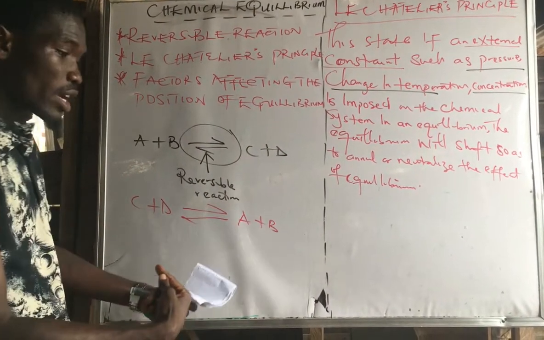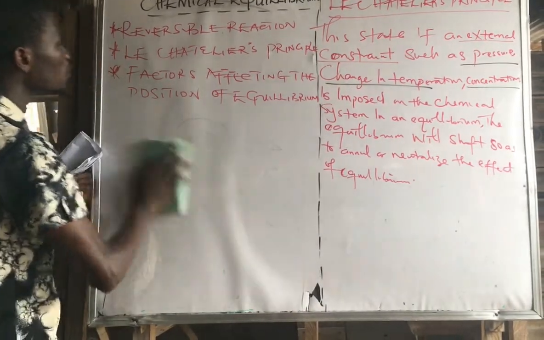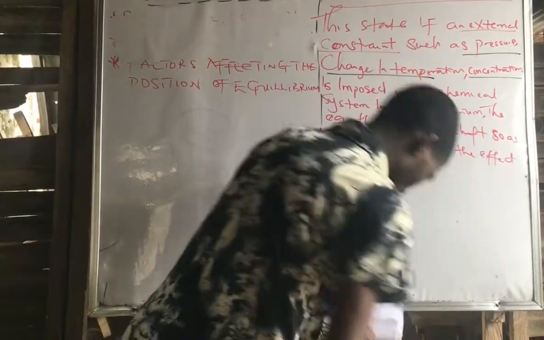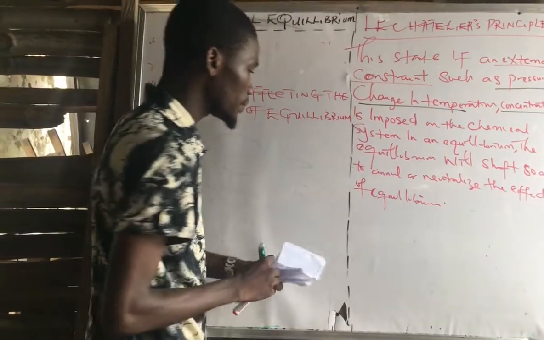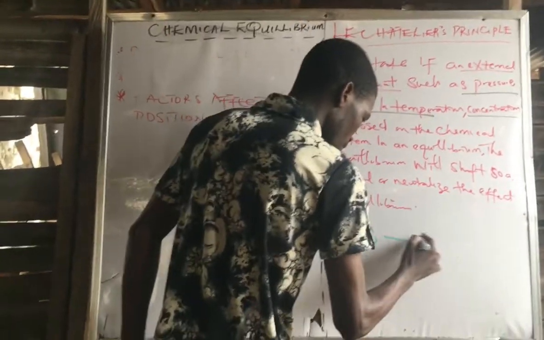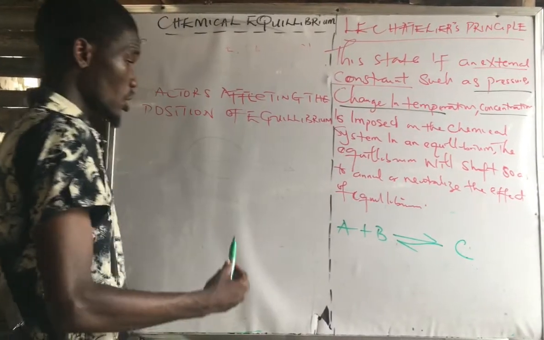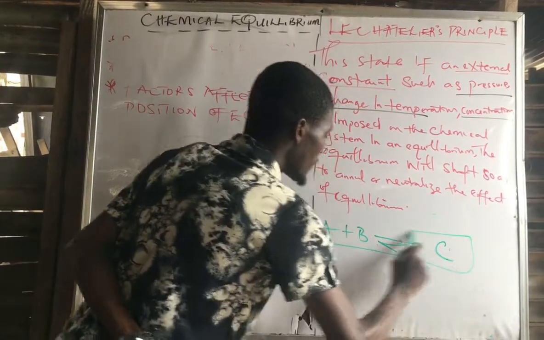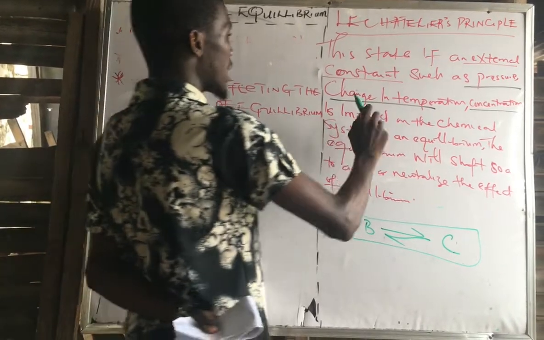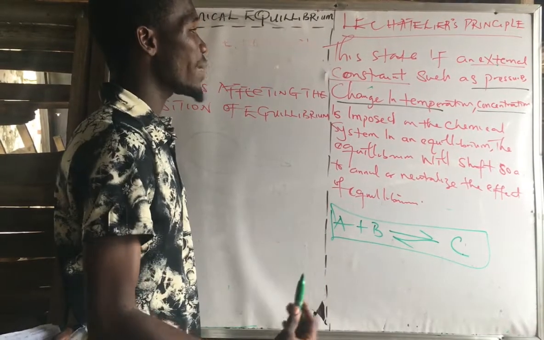So how do we explain the effects of Le Chatelier's principle on equilibrium? For example, if I have A plus B, a reversible reaction, we have C. Now let's take a look at the external constraint. What do we mean by this particular constraint?